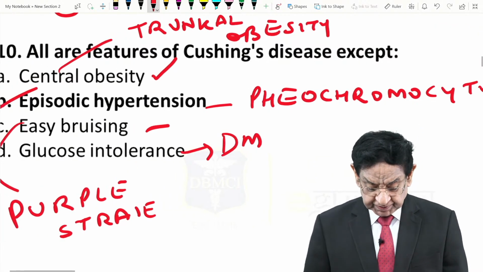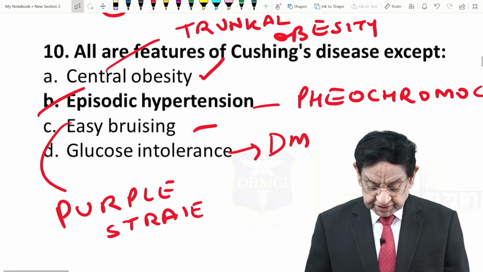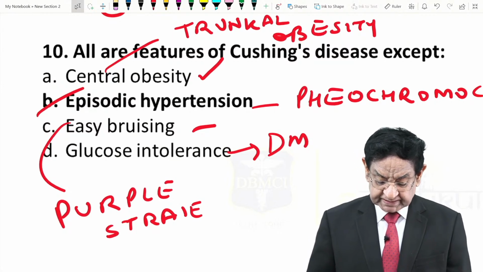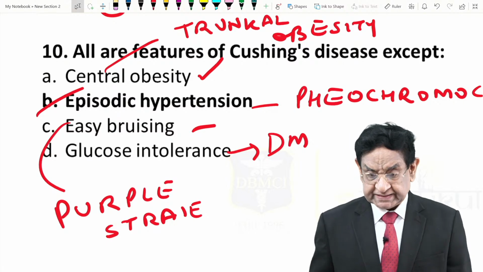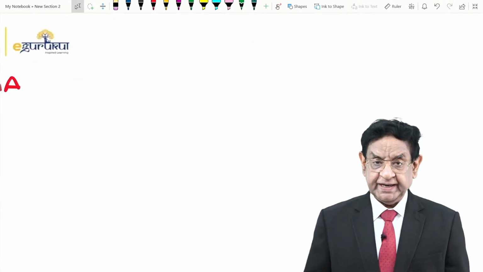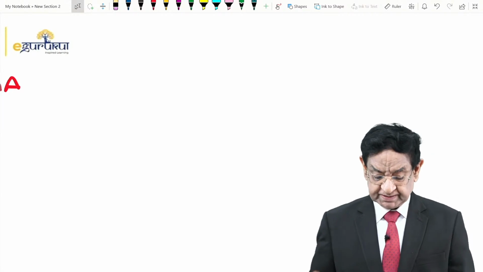They are seen. So first I tell you the basic concept. Why hypertension occurs and why hyperglycemia occurs, you will never understand unless you know the basic concept.